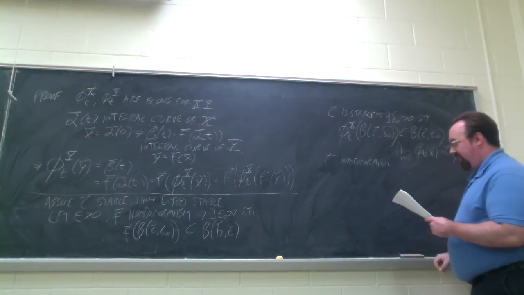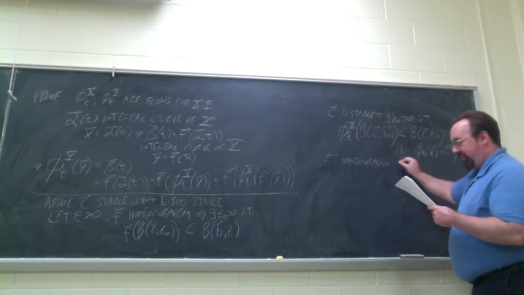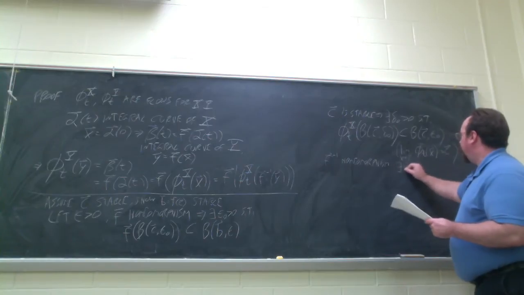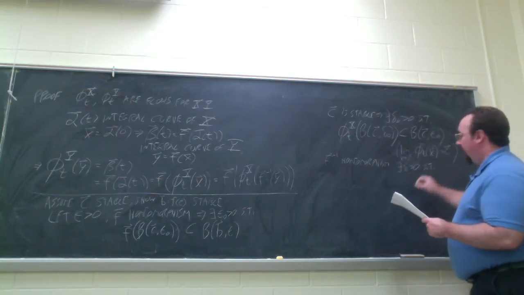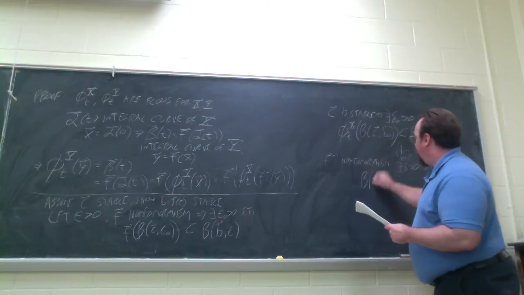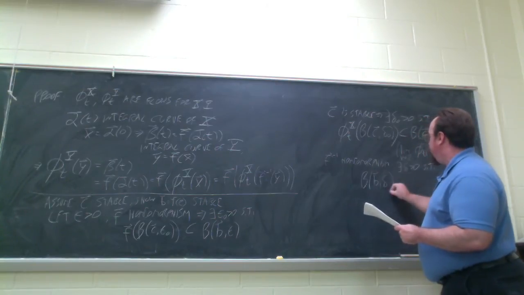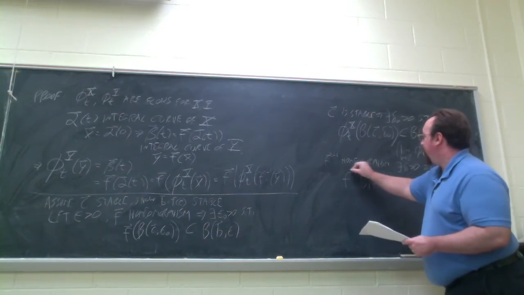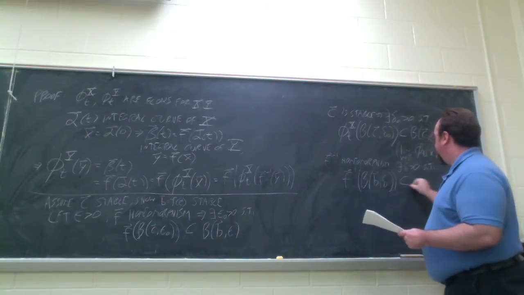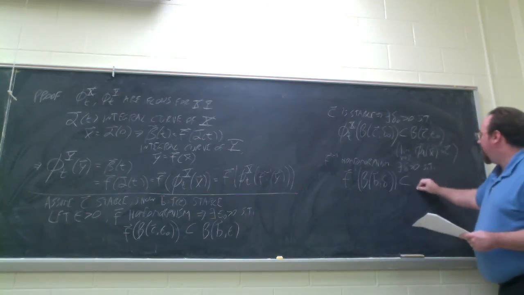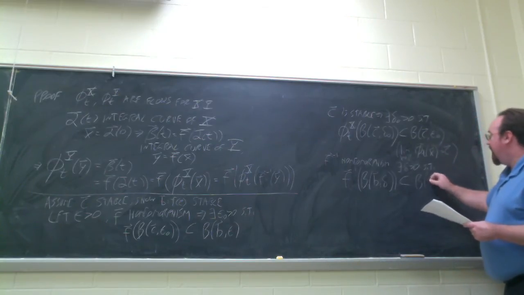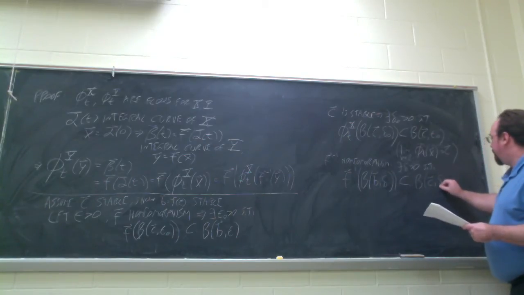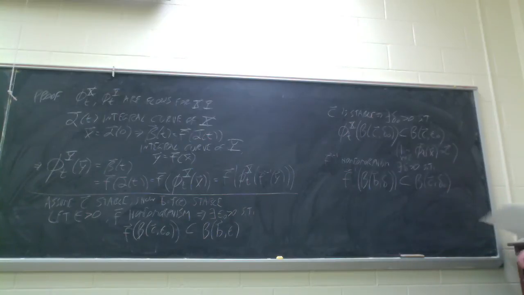I can say that, okay, I'll typo in the notes again, but there exists a delta greater than 0 such that by taking points near B and plugging them into F inverse, by the continuity of the inverse, I can get points that are near F inverse of B, but that's C. Okay.